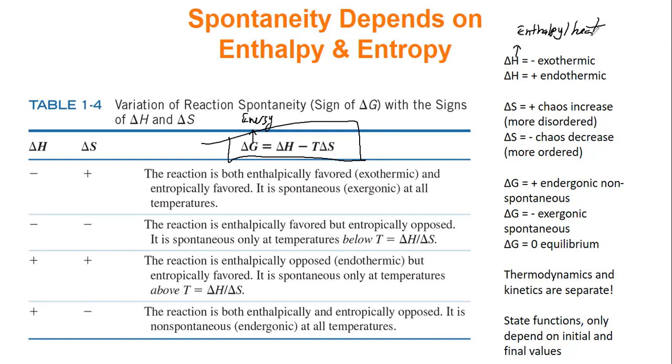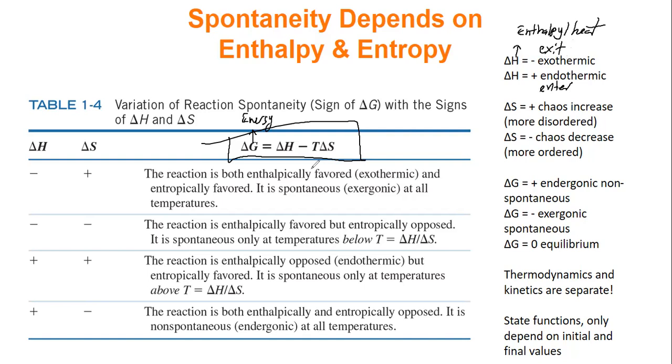If enthalpy is negative, then it's exothermic. You can think of this as heat exiting. While if enthalpy is positive, it's endothermic. This is heat entering. So in exothermic reactions, heat leaves the system. In endothermic reactions, heat enters the system.